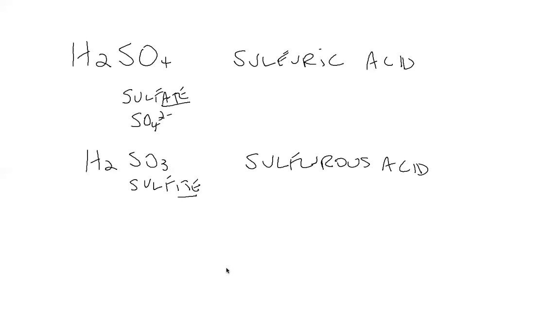Okay. So now let's go the other way. If we see carbonic acid, and we want to write the formula for that, then we see that it doesn't begin with hydro. So we know that we have oxygen in it, and we have to find the anion.